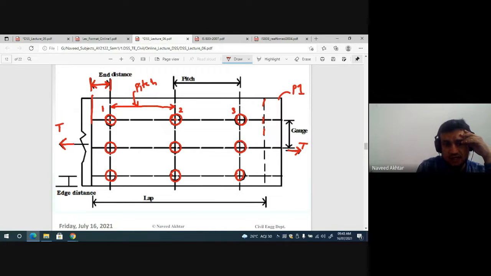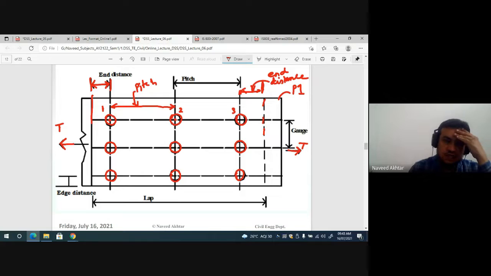If you measure here, this is the end of plate 2, and this is the bolt hole. The distance between them is nothing but the end distance.